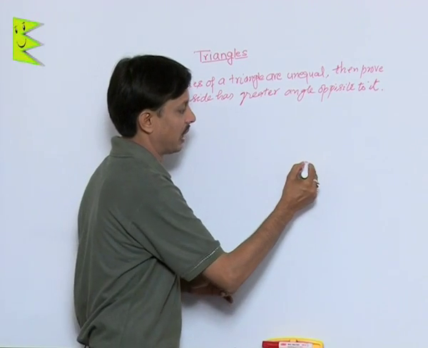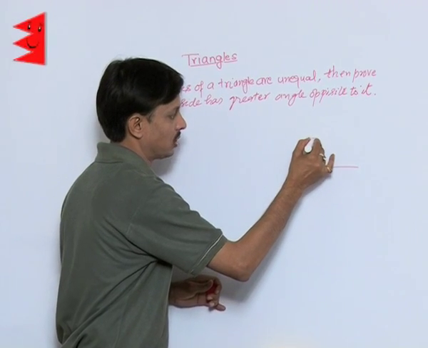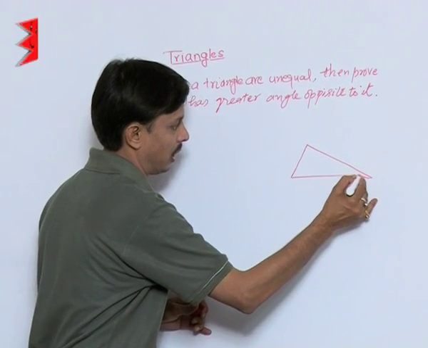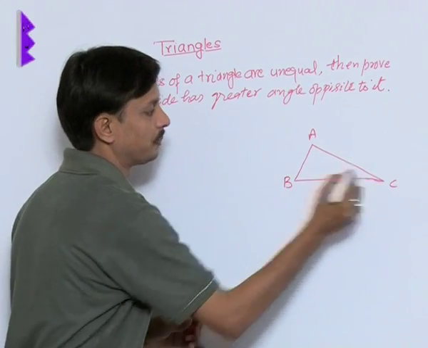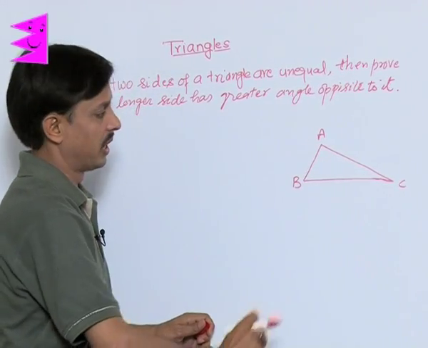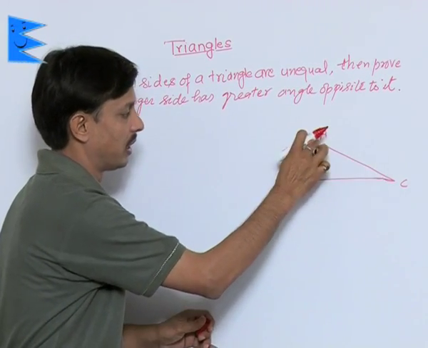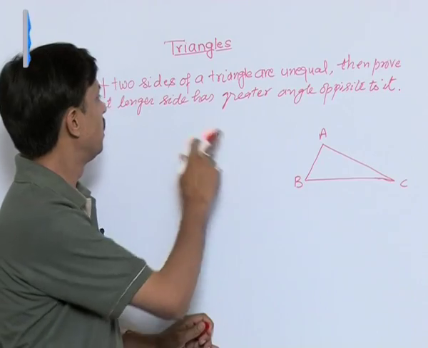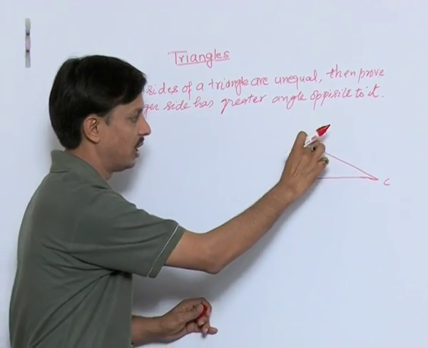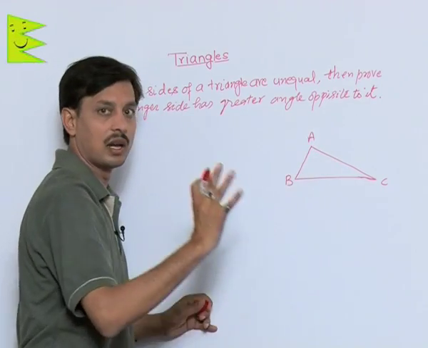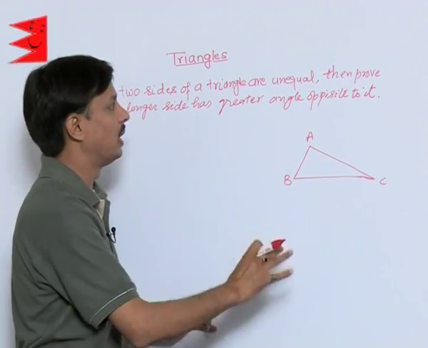First we need a triangle, because this entire inequality needs to be discussed in a triangle. I am making a triangle here. Suppose this is the triangle, and I can label it as ABC. ABC is a triangle where I am assuming that AC is greater than AB, because if two sides of a triangle are unequal, I am taking AC and AB as unequal sides, and the length of AC is more than AB.